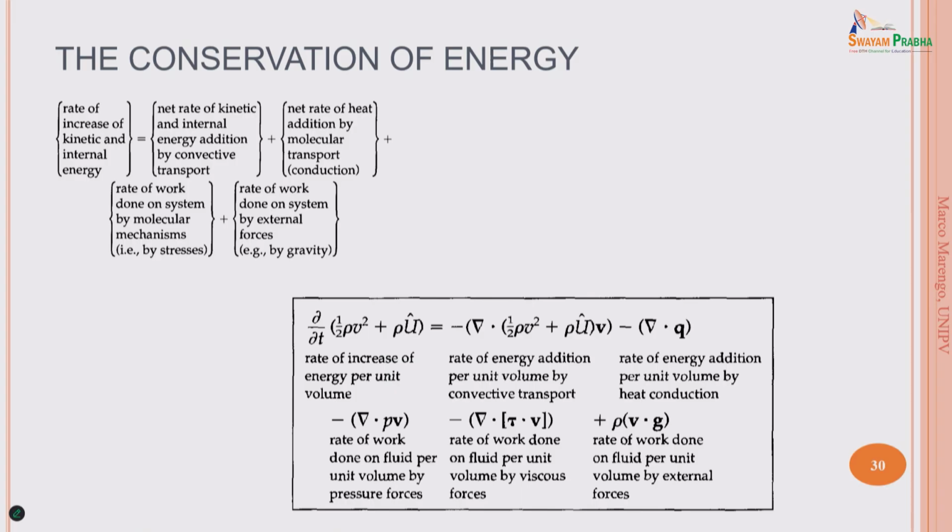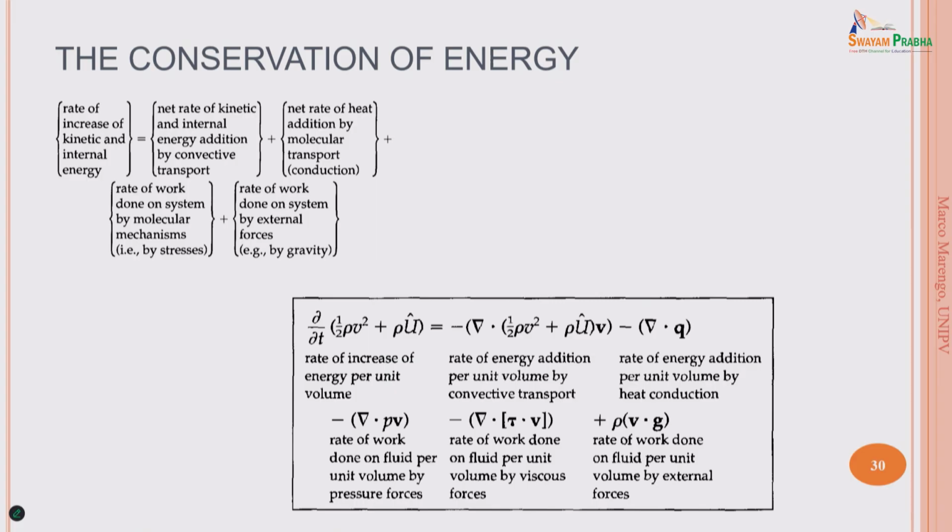Then we have the rate of work done on the system by molecular mechanism, so viscosity and pressure, plus the rate of work done on the system by external forces, accelerations.